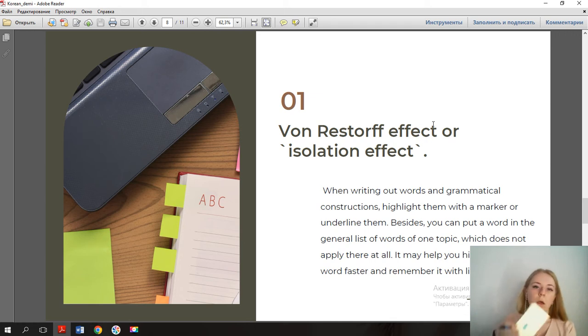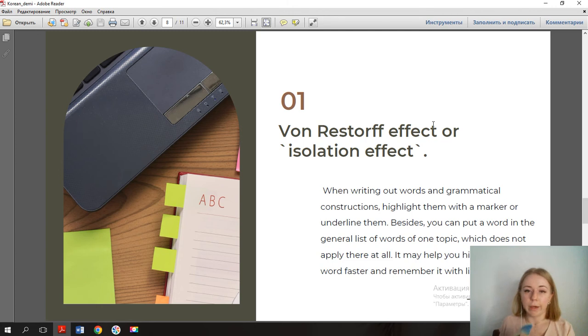Why do you do that? Because the isolation effect helps your memory highlight some information, and your memory concentrates on that word.